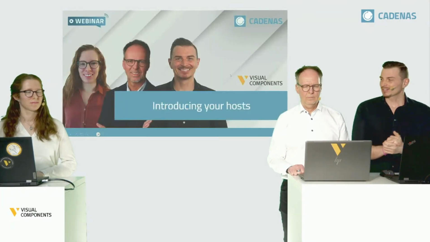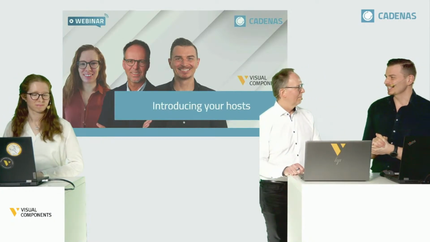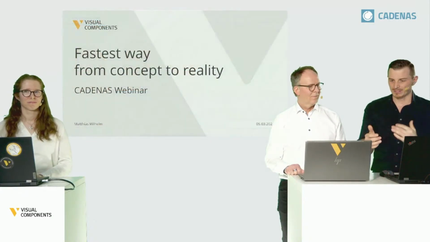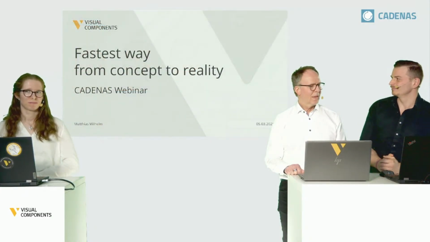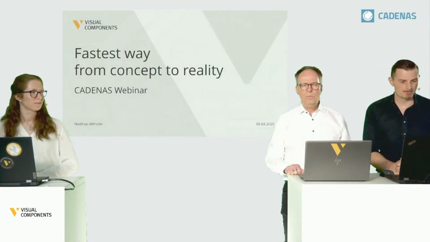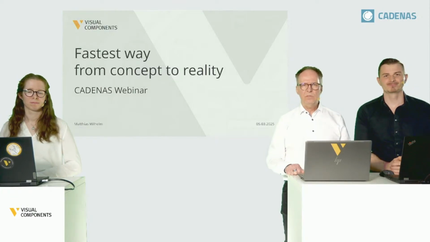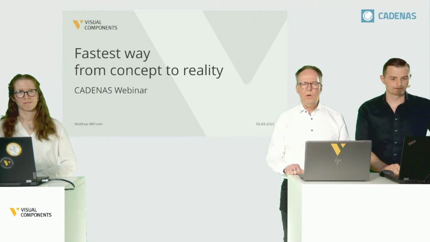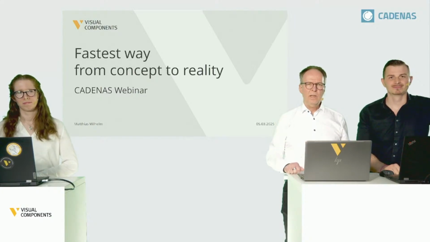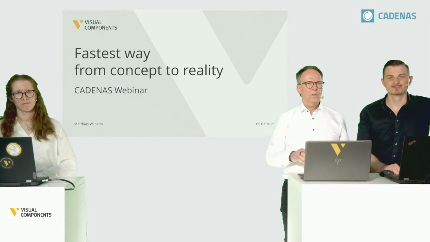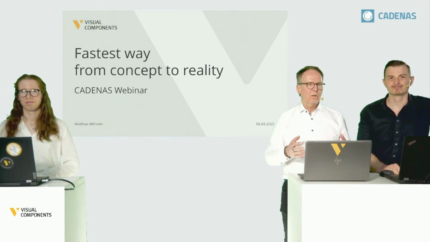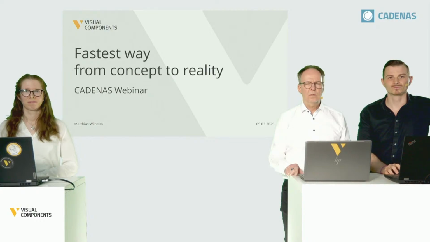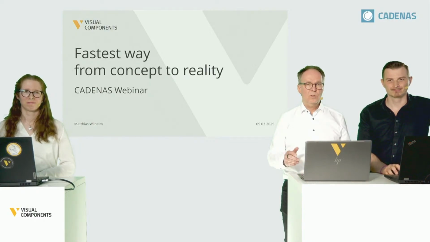Before we get started, first we would like to introduce ourselves. Please start with what Visual Components is and what kind of problems you solve. Yes, Visual Components is one of the leading factory simulation tools on the market. We solve problems from the first factory layout building through the simulation, where you get all your KPIs out of it, and also questions from virtual commissioning.